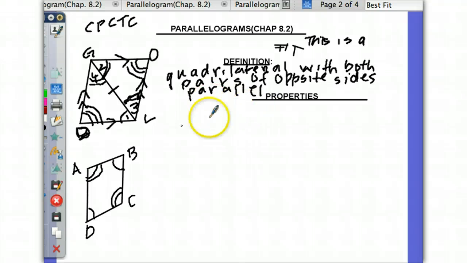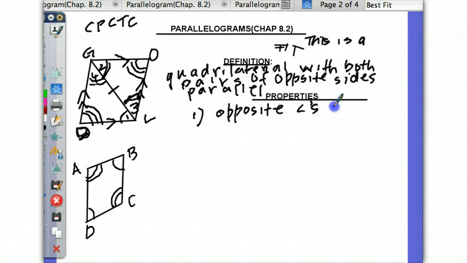All right, but anyway, I'm not doing proofs right now. I want to do a property with you, and the property is going to say that opposite angles of a parallelogram are congruent. So write that down. Opposite angles of a parallelogram, here's a symbol for parallelogram.